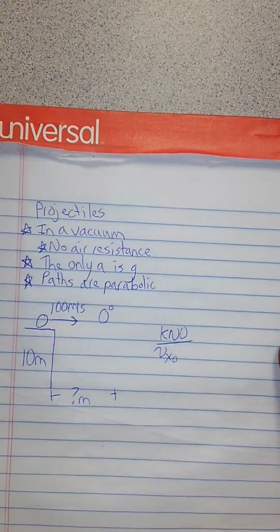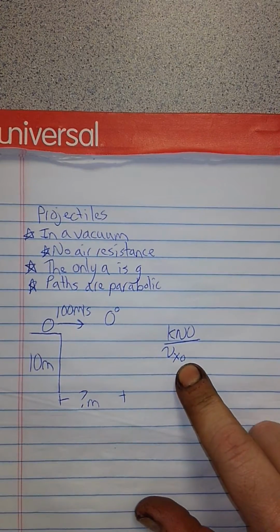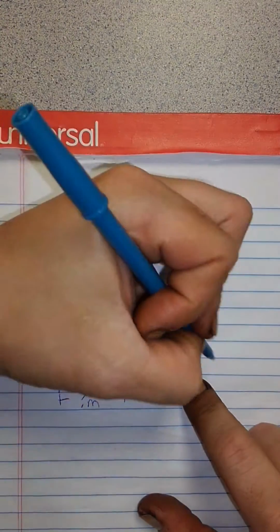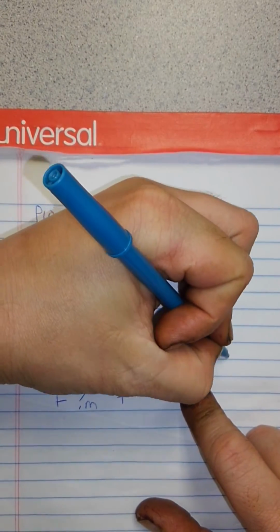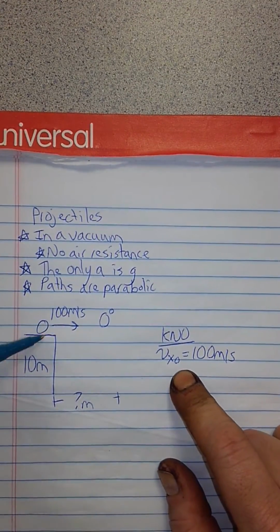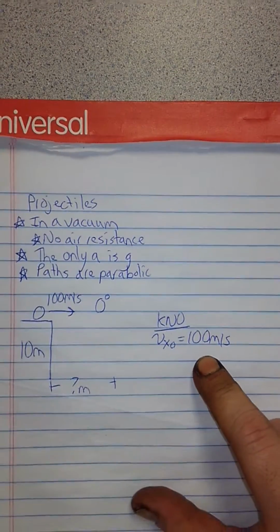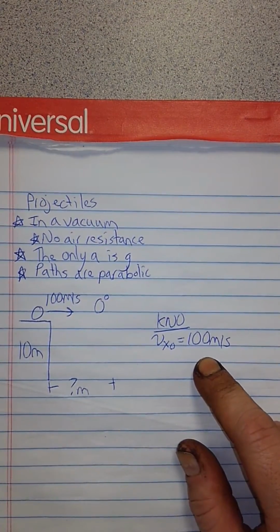First and foremost, the initial velocity in the x dimension is going to be 100 meters per second. The reason is that since this is a horizontal projectile, the muzzle velocity is the velocity in the x direction.